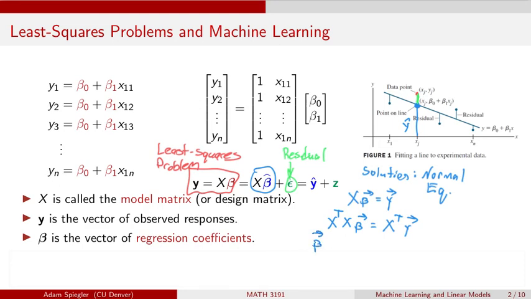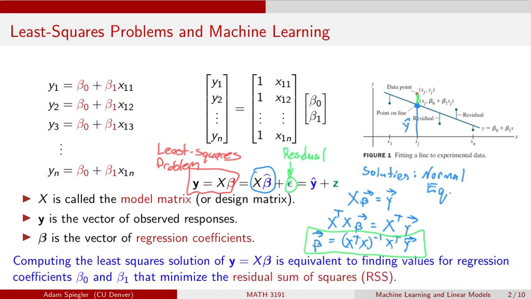And then we can solve for beta by multiplying both sides of this equation by x transpose x inverse times the product that we had over on the right side already, which was x transpose y. And so this is a solution to the least squares problem, which is also the solution to our regression problem, which is going to find the coefficients for beta that make the sum of the squares of these errors smallest.